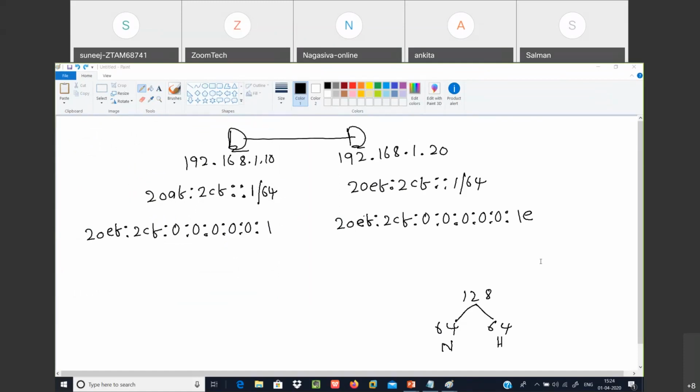Even though slash 64 is the default prefix length, we can change it upon a requirement. We can customize it.